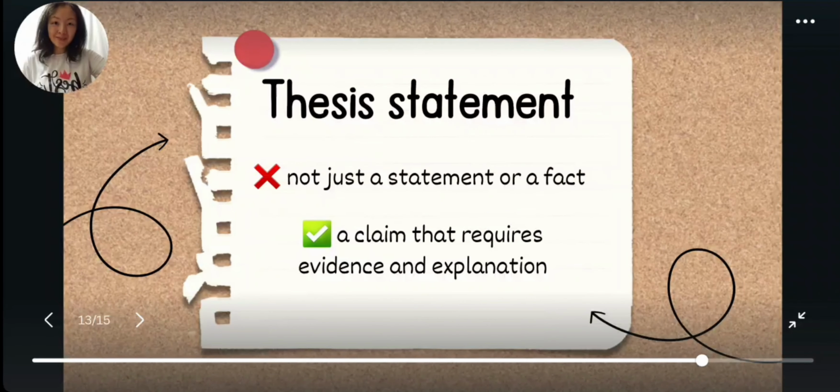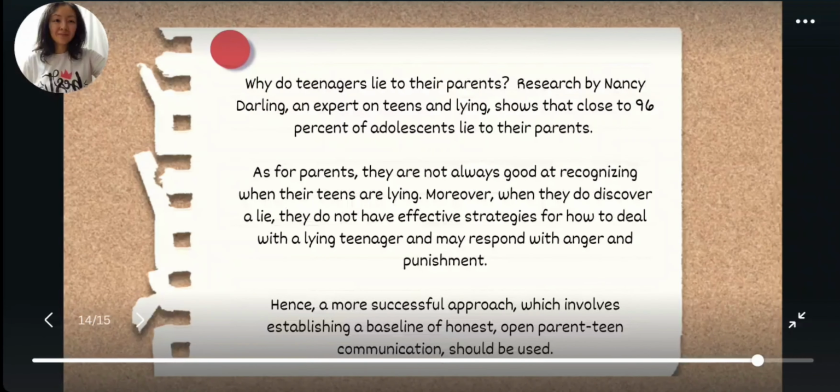So let's look at the example. We start with introducing the topic, and here we use a hook, right, as you remember. And now I'm going to read you the first 2 sentences, and you should understand which type of hook I used here. So, why do teenagers lie to their parents?